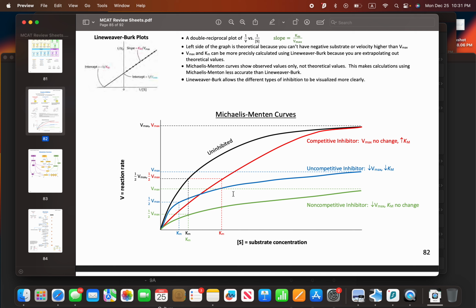So uncompetitive gives you this lower Km and lower Vmax, right? For non-competitive, you expect no change in the Km. So this is your uninhibited curve, and the non-competitive should have the same Km. However, the Vmax is reduced, so it doesn't go up as high as the uninhibited.